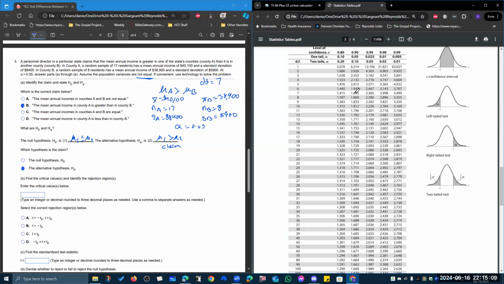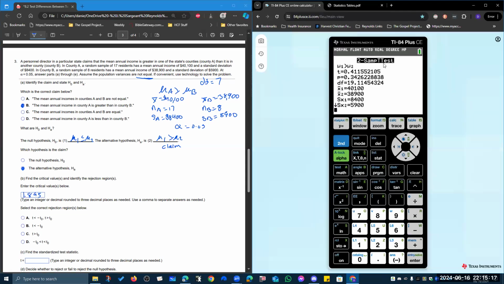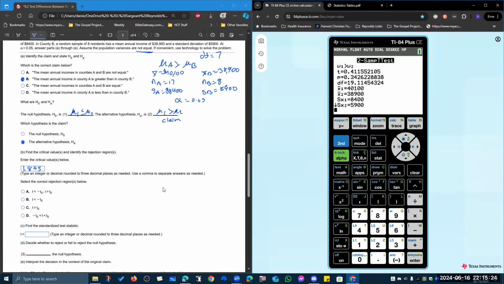The critical t value should be 1.895. And the rejection region is going to be t greater than my critical t value there.